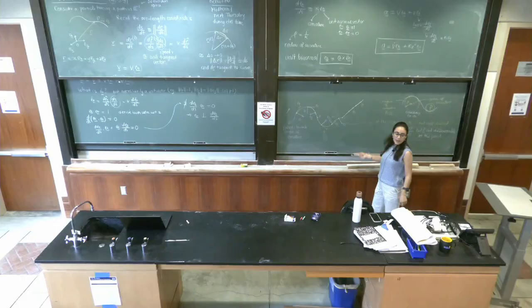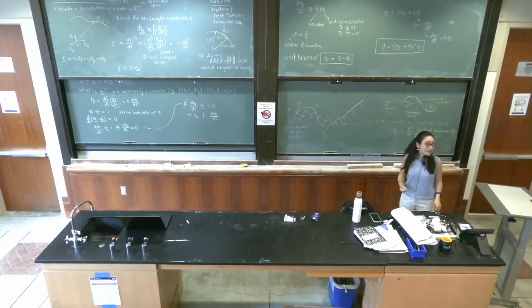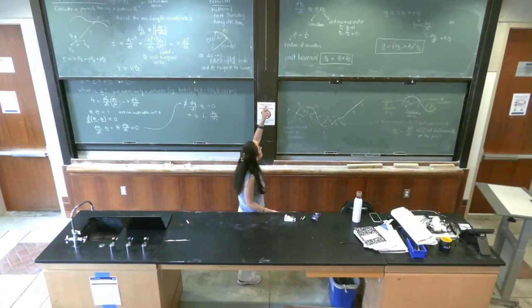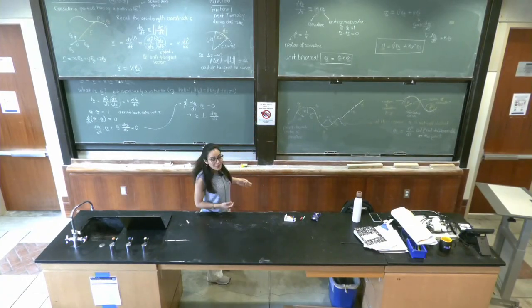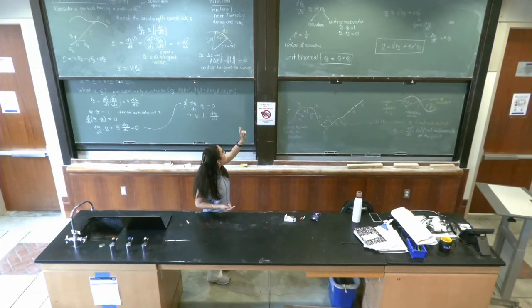What about on the straight line? On the straight line, En is not uniquely defined, right? Because, well, what is En by definition? En is kappa dET by ds. For a straight line, kappa is 0. So En is not uniquely defined. dET by ds is 0.